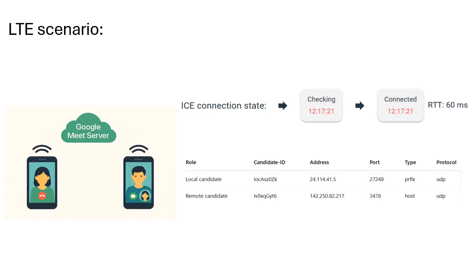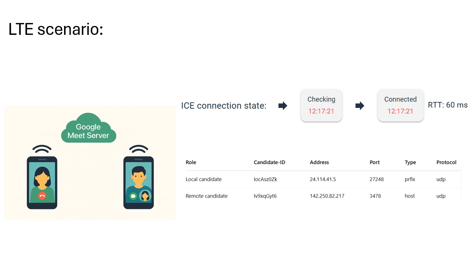In the LTE scenario, both peers are on the cellular network connecting through the Google Meet server. On the right, WebRTC internals shows ICE moving from checking to connected within the same time step, indicating NAT traversal completed in under a second.